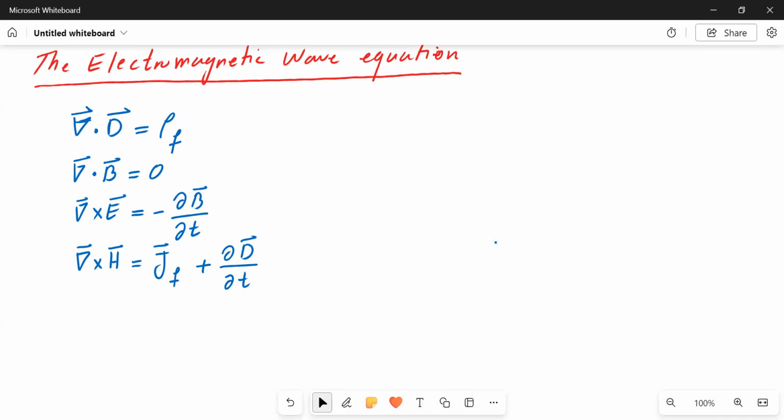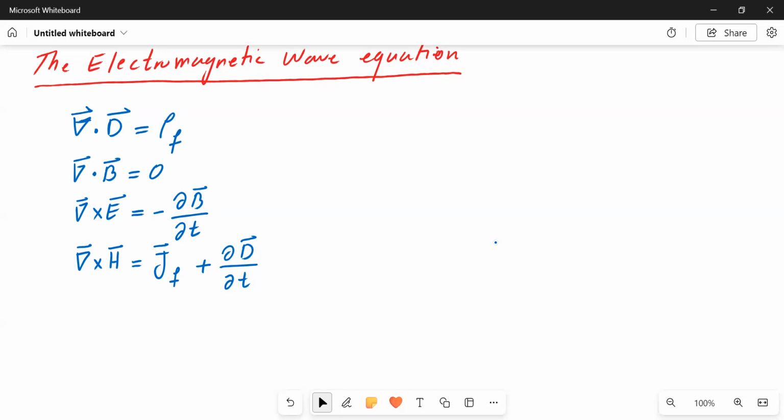The first equation is Coulomb's law. You're familiar with it. It's a differential form of Coulomb's law and Gauss's law. The second equation gives us the experimental fact that there are no observed magnetic monopoles in nature.